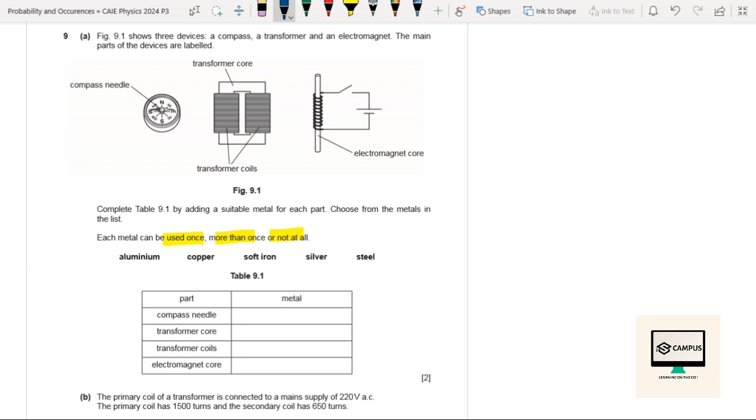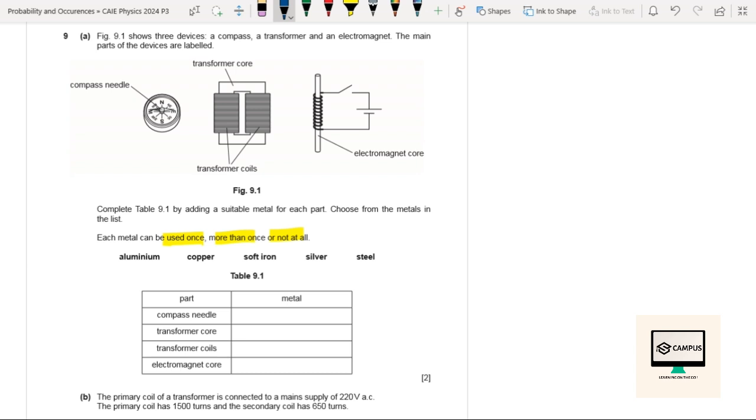So let's start with the compass needle. A compass needle is a ferromagnetic material as it reads the magnetic field of the earth. Soft iron and steel are both ferromagnetic. However, soft iron has a very narrow hysteresis loop, which means it magnetizes and demagnetizes again and again as the voltage across it is changed.